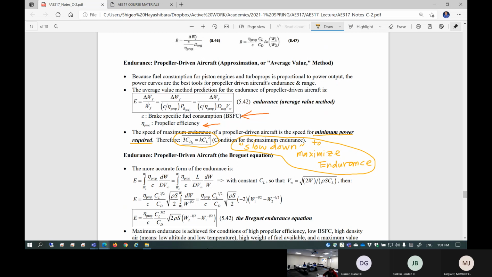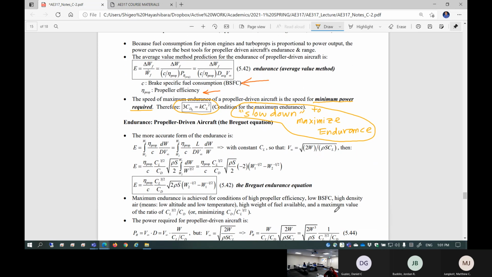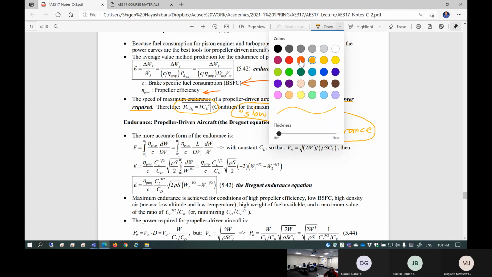Now, you have two variations of the equation. One is the average value method endurance. This is the Breguet equation for endurance. Let's take a look at the range equation. Range equation is kind of similar but quite different.